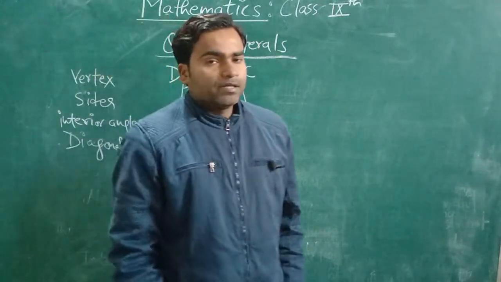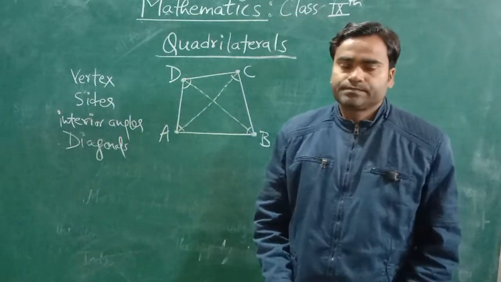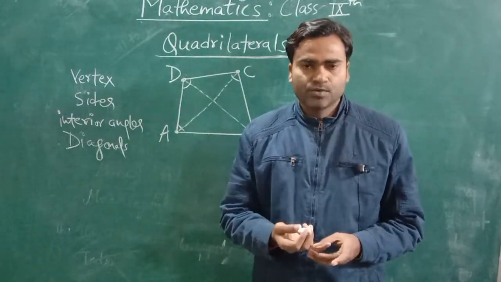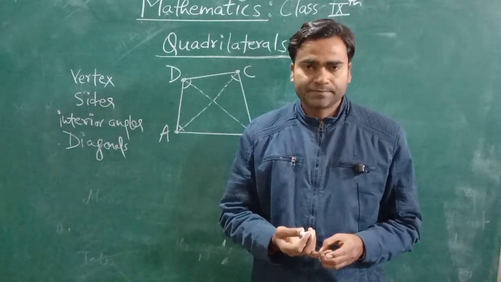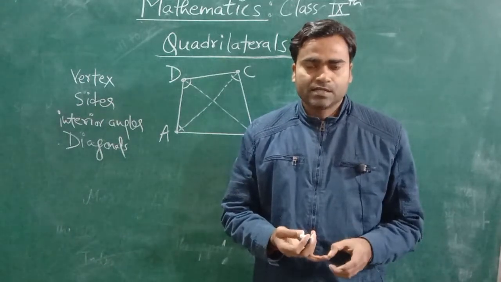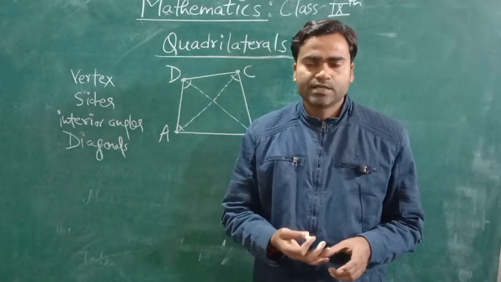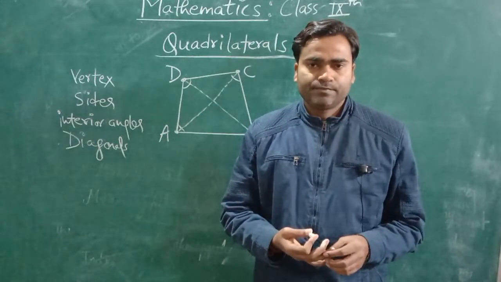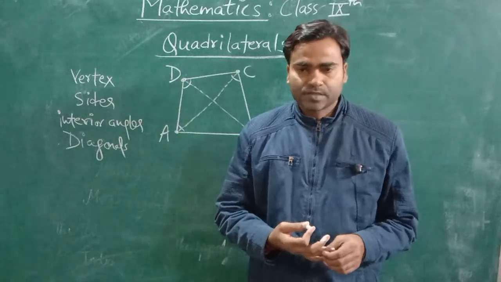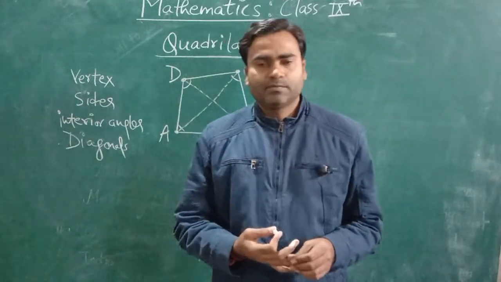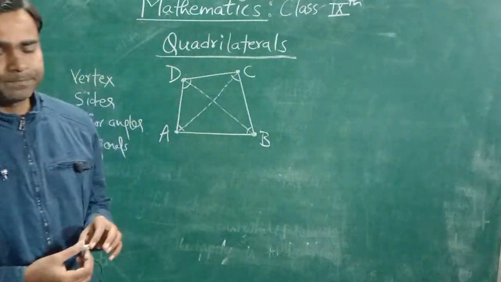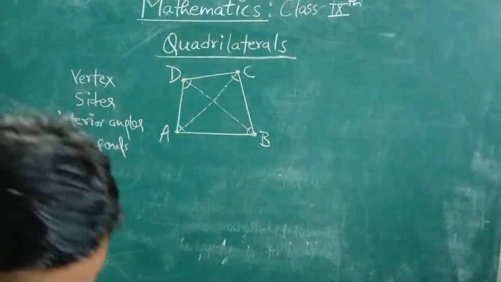So in quadrilaterals we will discuss some special kinds of quadrilaterals such as parallelogram, square, rectangle, rhombus, etc. I will start from parallelogram. First you listen to the basic properties of parallelogram and then note them down in your notebook.